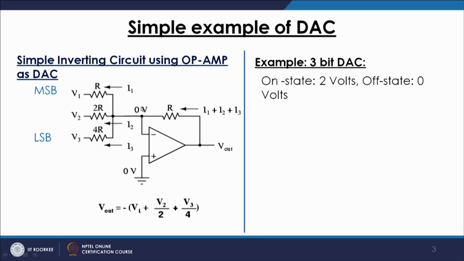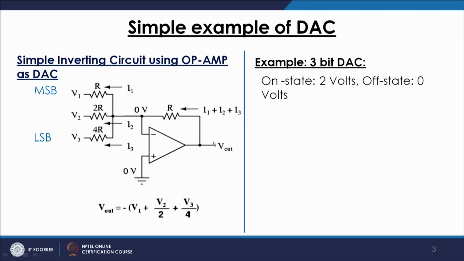Now, because of Kirchhoff's current law, at any junction the incoming current should be equal to the outgoing current. So, in this inverting section of the op amp, our total current is V out divided by R, which is actually the summation of I1, I2 and I3. So, V out upon R becomes V1 upon R plus V2 upon 2R plus V3 upon 4R.